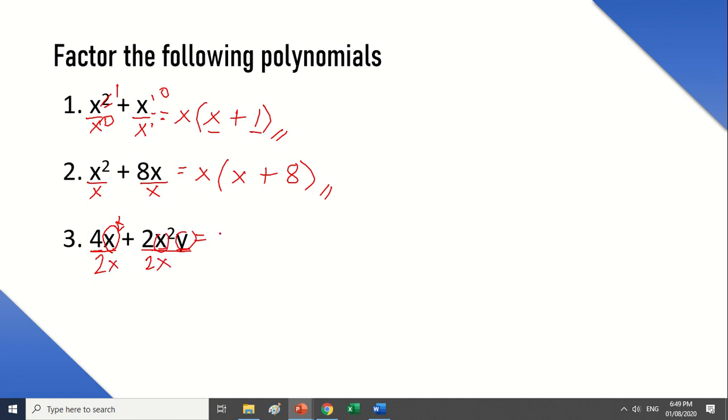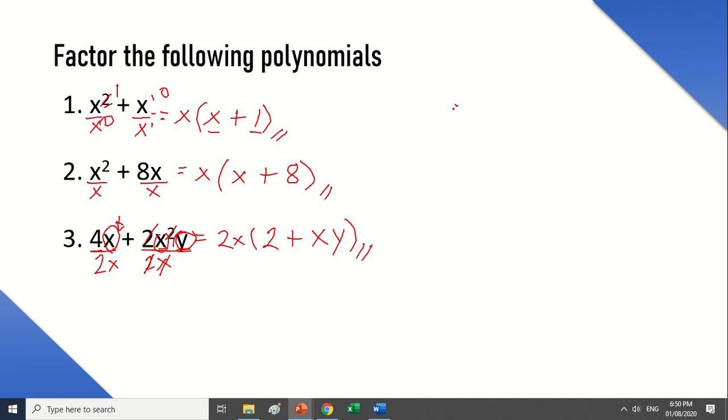Then, first write the GCF of the terms, then divide each expression by the GCF. Then 4x divided by 2x is 2. Then plus, so x cancels, then copy y. So 2 plus y. Then final answer. So ganun lang po.